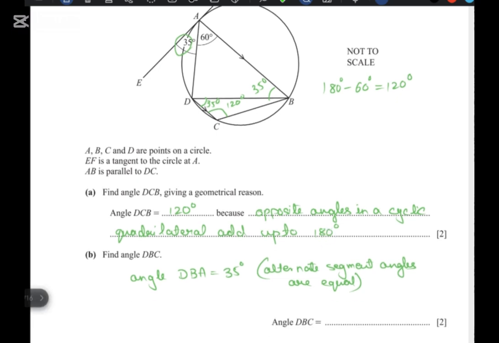So first write down angle BDC is equal to 35, alternate angles of parallel lines.